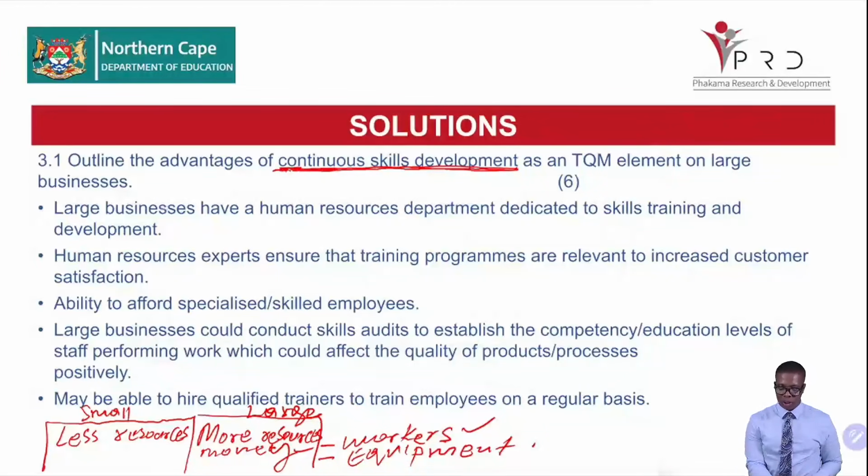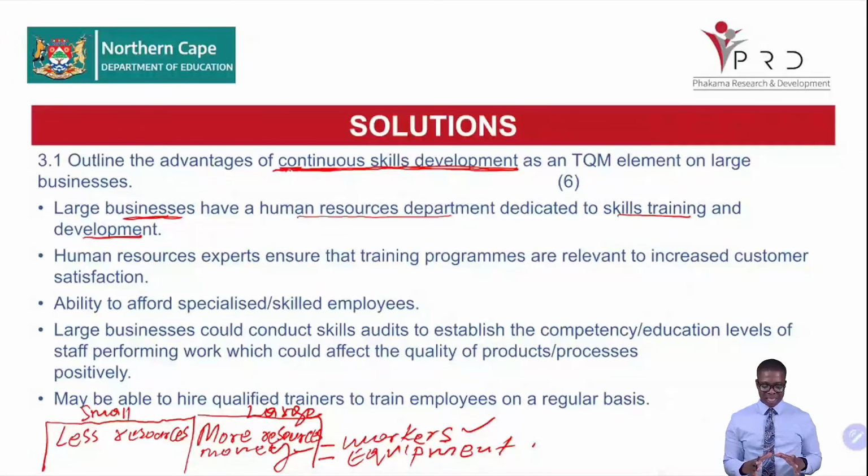Why? Because a large business has a human resource department dedicated to skills training and development. Why are we saying this is a positive? Because we are saying these are the advantages. The advantage of ongoing skills development happening is that large businesses have a human resource department.